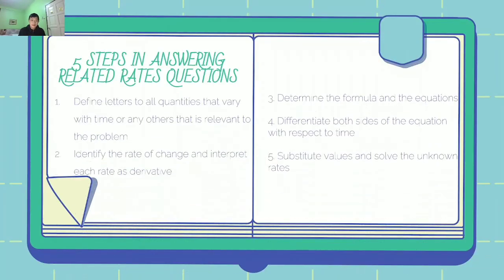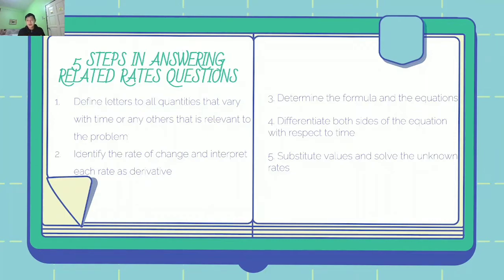Next are the 5 steps in answering related rates questions. In order for us to answer this kind of problem, there are 5 things we need to do. Firstly, define letters for all quantities that vary with time or any others that are relevant to the problem, such as radius, we can say r. Secondly, identify the rates of change and interpret each rate as a derivative.